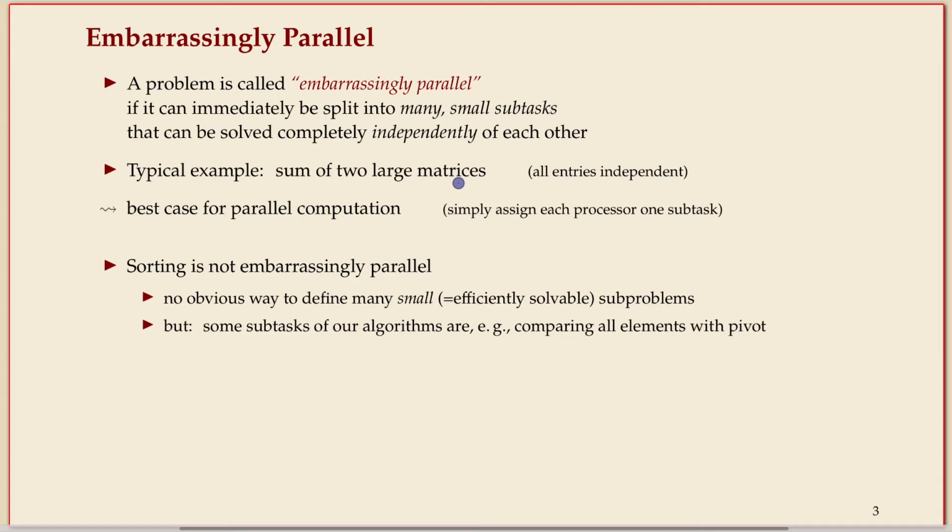So you could assign one processor, at least on the conceptual level, to each outcome element, and it just gets the two elements from the input matrices and adds them up. That's n squared, if n is the size of the matrix, say it's a square matrix, n squared little tasks, and they're all independent, right? That's embarrassingly parallel in its essence.